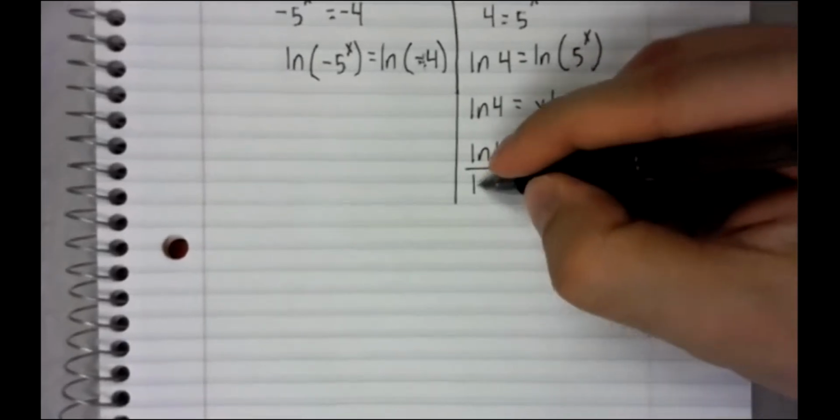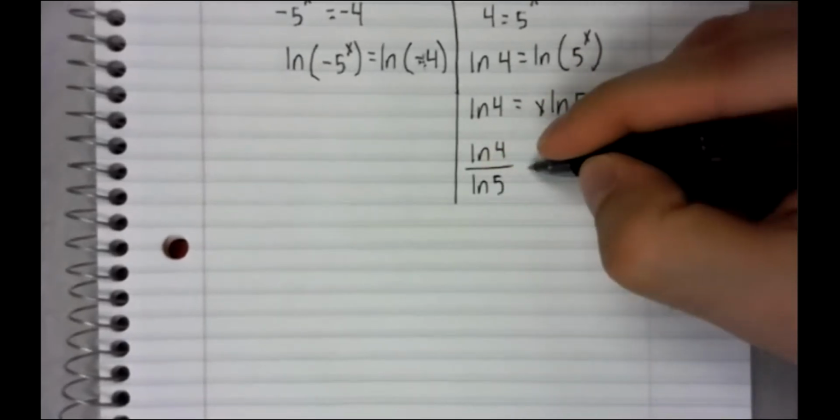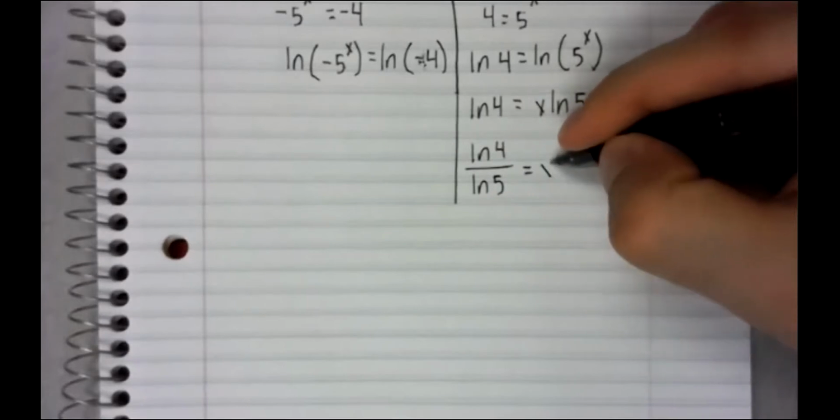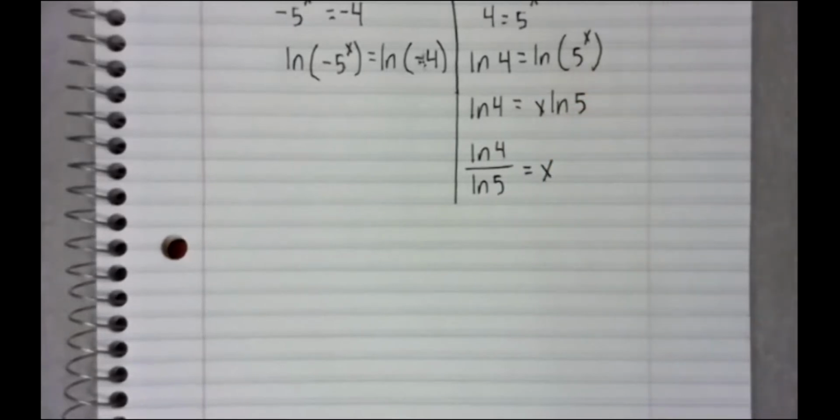We divide both sides. And then it's the natural log of 4 divided by the natural log of 5. I've lost my calculator. There it is.